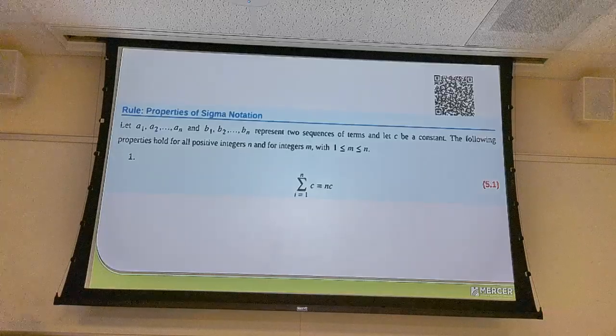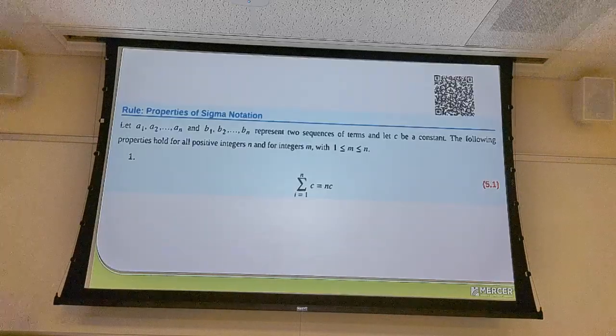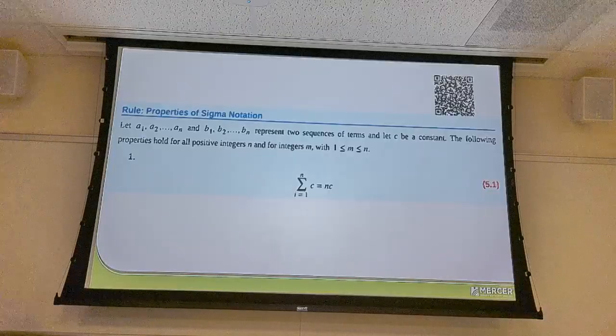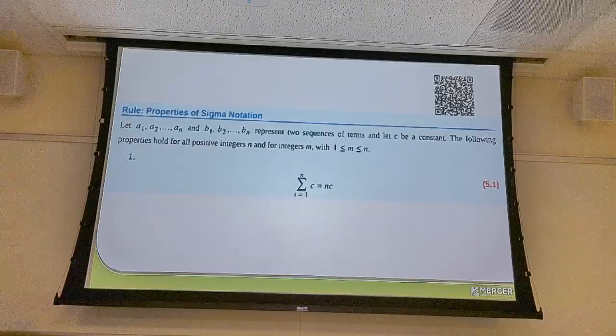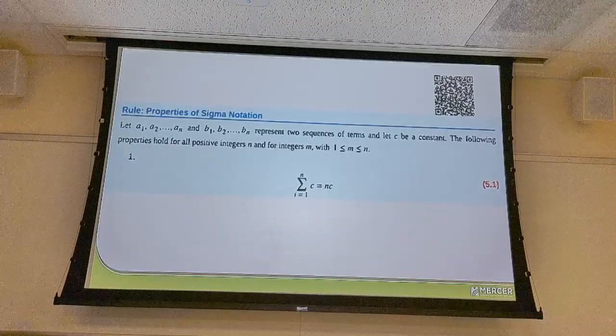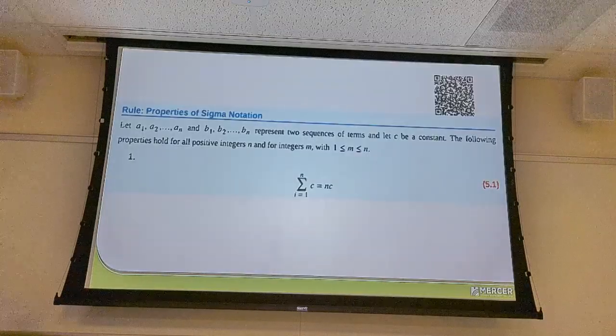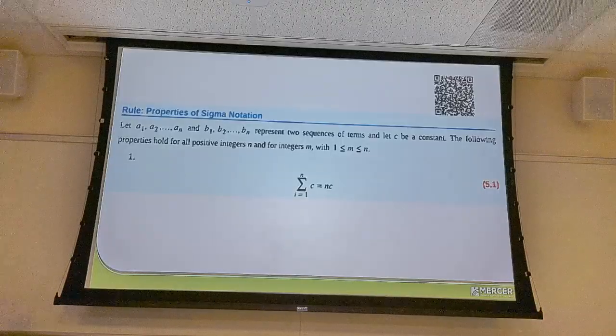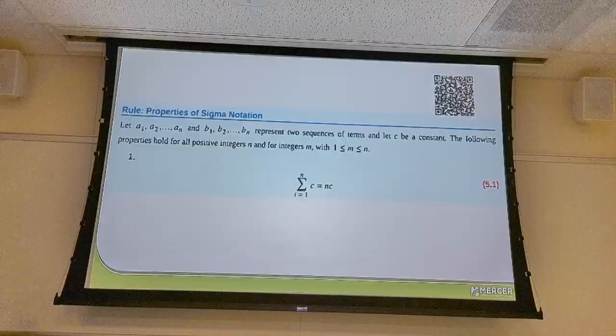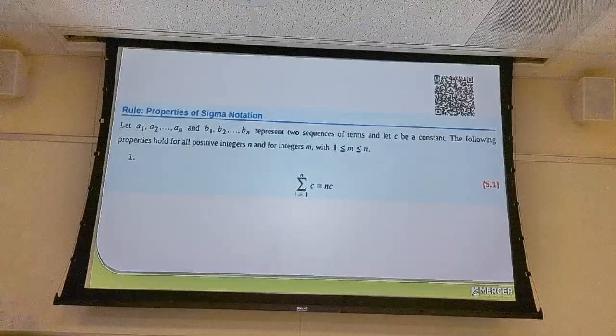That is pretty easy to see, right? You add a constant to itself n times, it's just n times that constant. These are all properties that we will be using. You can think of this as the algebra of summations, so you may want to write these down and keep them handy.